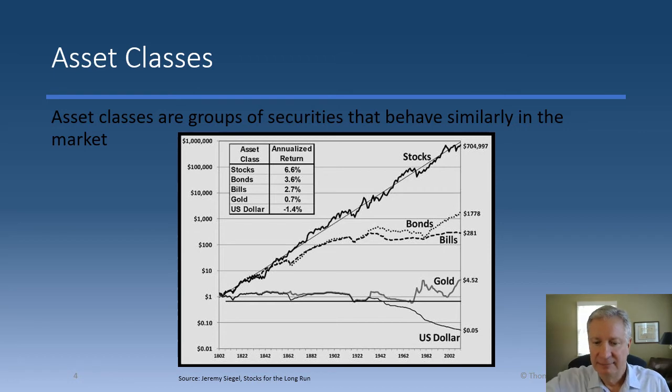Notice in 1980, 81, notice in 99, 2000, 2001, notice in 1931, 32, stocks went down greatly, much more than bonds and bills did. So an asset class is a group of securities that behave similarly. They often have similar regulatory treatment, similar legal and tax treatment, but from an investment standpoint, the key thing is to know that they behave similarly. They have similar return expectations, similar volatility expectations, and those sorts of things.